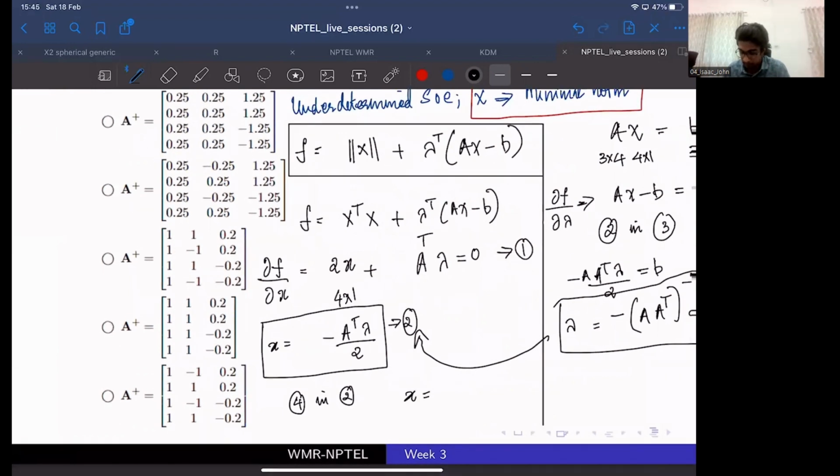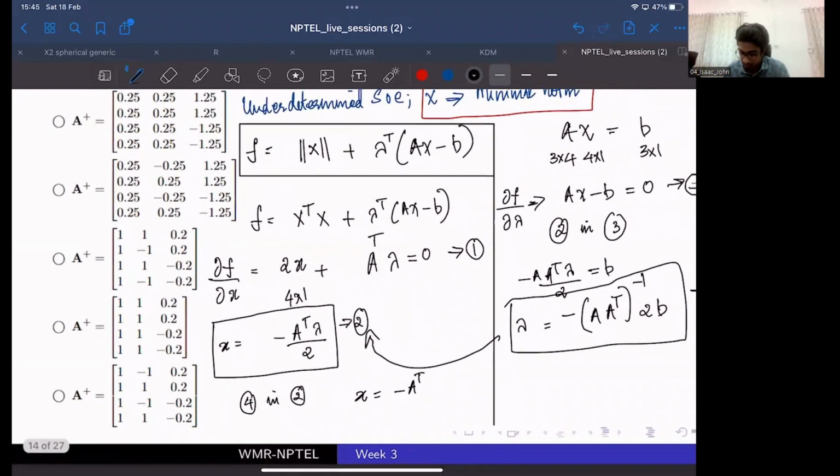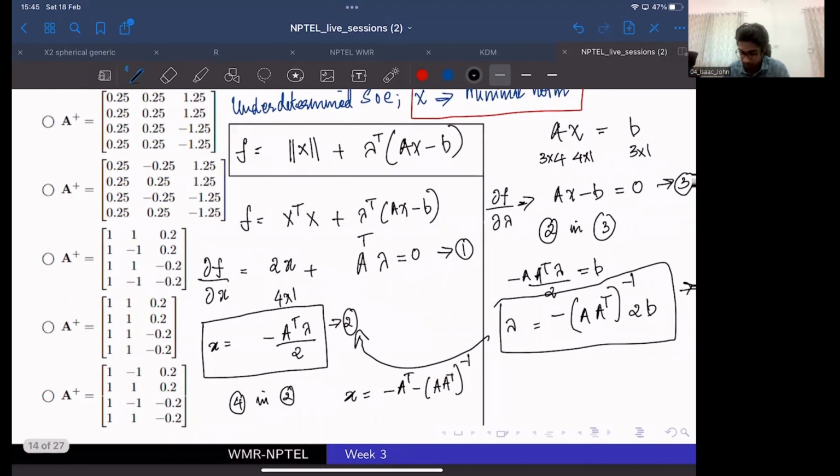x would be minus A transpose, and lambda would be minus (A A transpose) inverse times 2b, divided by 2. So what would be your x?